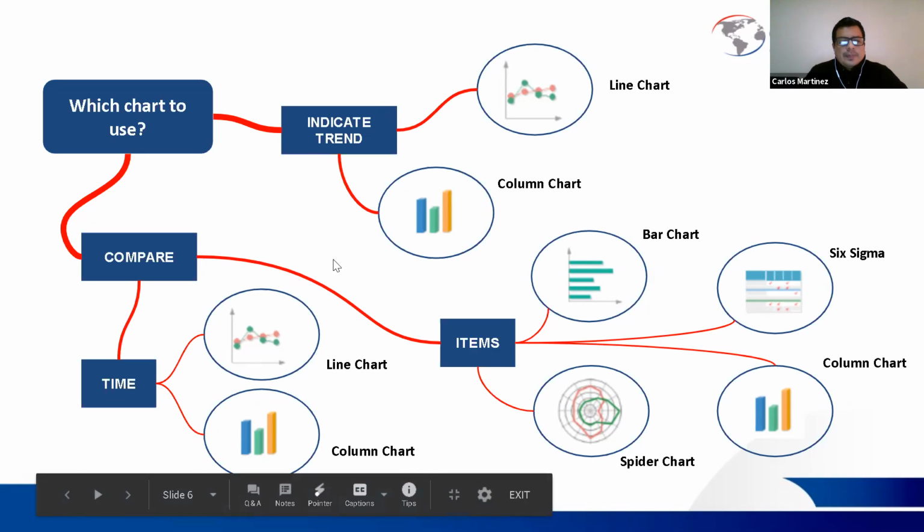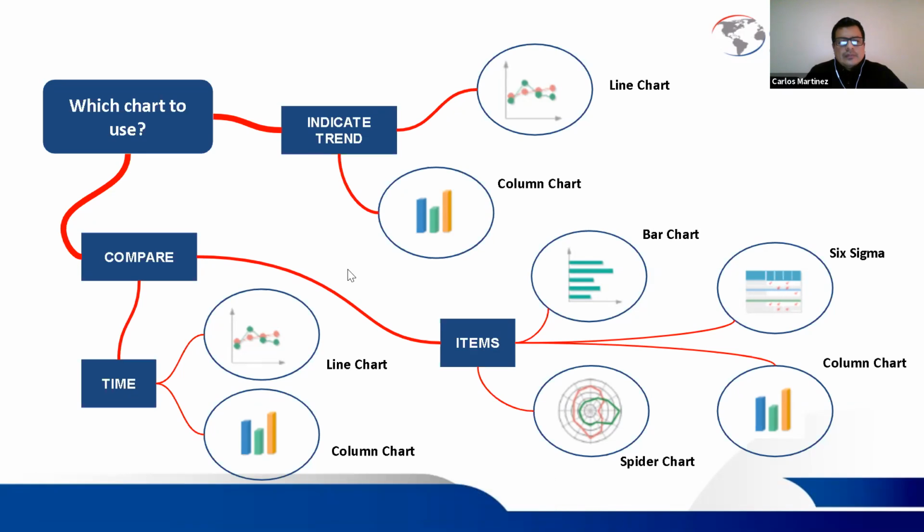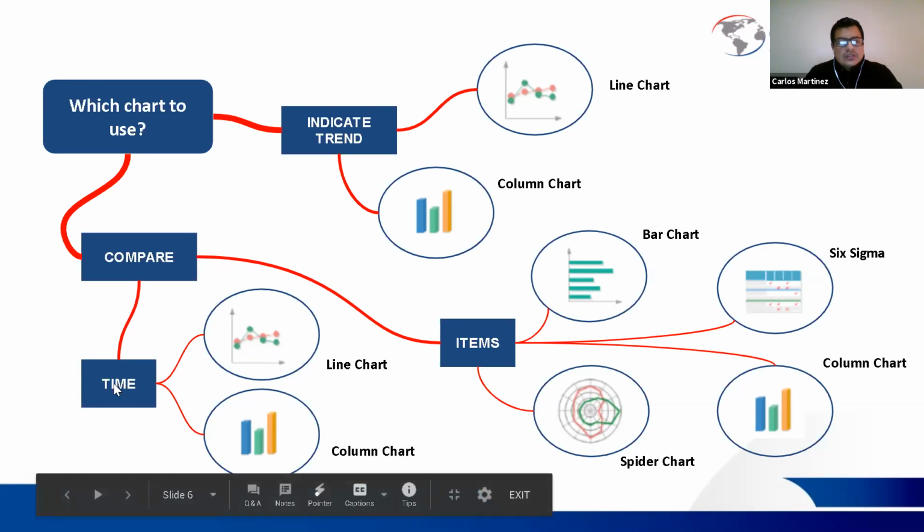So these are the indications for when to use a certain chart. Like I said, if you want to indicate a trend, if you want to indicate how the information is moving normally, then you will use either line charts or column charts. When you want to compare, you can compare different quantities, but also the relationship of that information with time.